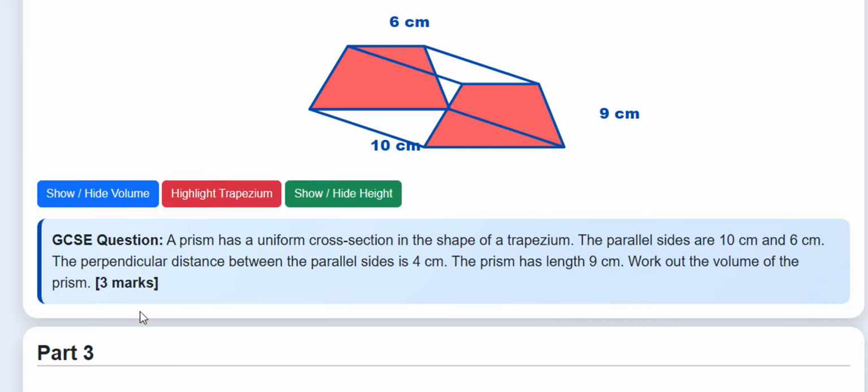And then the perpendicular distance between the parallel sides is 4 centimeters. So the height of the trapezium is 4 centimeters, and then the prism has a length of 9 centimeters, which is this one here. So work out the volume of the prism.